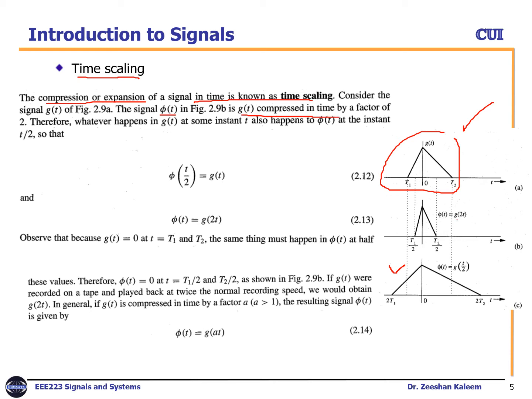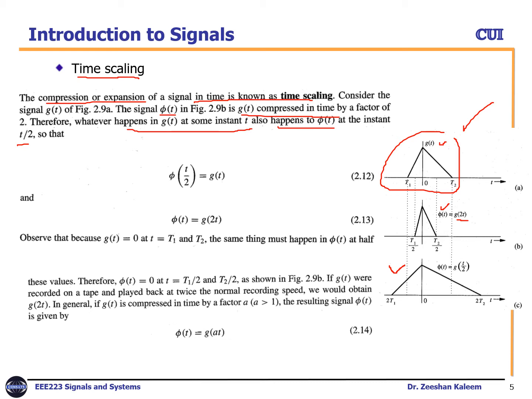Actually this is g(2t), because this is a compressed signal compared to g(t), but for representation we named it phi(t). Therefore, whatever happens in g(t) at some time instant, for example at time instant T1, meaning the shape of the signal in terms of amplitude, also happens in phi(t) at time instant T1 by 2, because it is compressed.